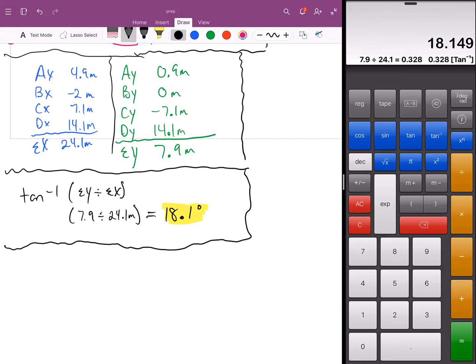Afterwards, the magnitude: sum of x squared, sum of y squared. X squared is 24.1 squared, y 7.9 squared.